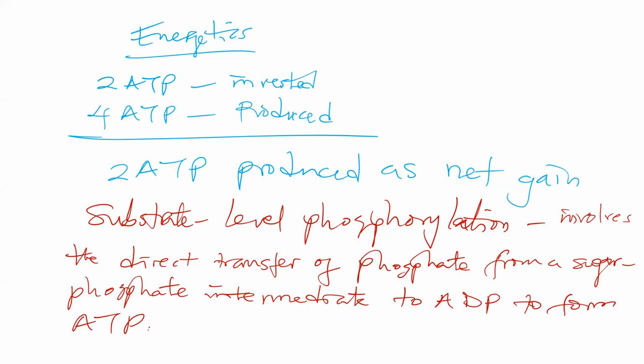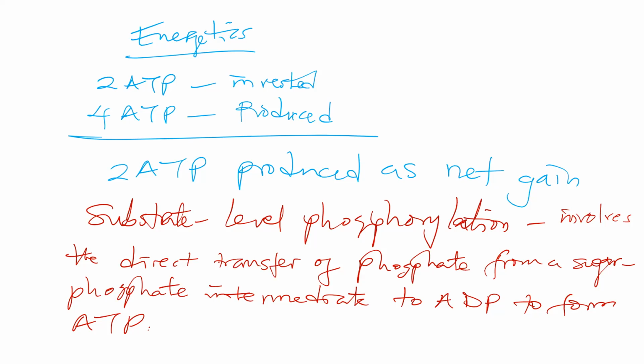Okay, so we'll see another type of phosphorylation, which is oxidative phosphorylation, and that one involves the transfer of electrons. So those are the 10 steps of glycolysis that you need to be aware of.